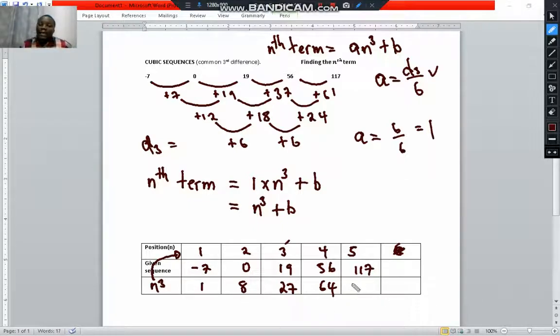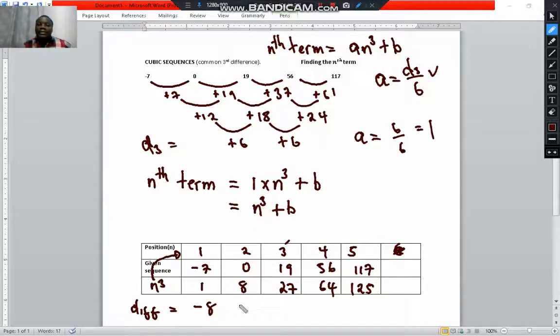Now, once we are done with this, all we need to do is to subtract the difference between the n cubed sequence and the given sequence. Doing that, we are going to see that the difference between the two sequences in this case would be -7 minus 1, which gives us -8.